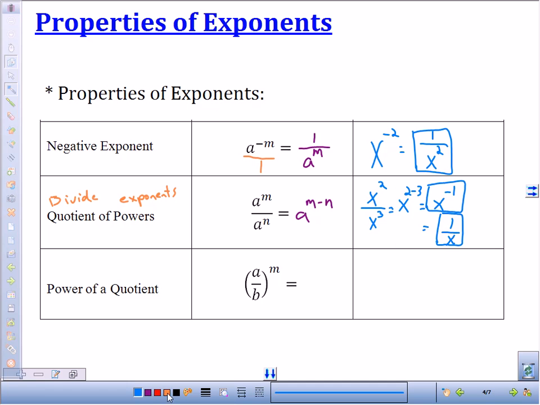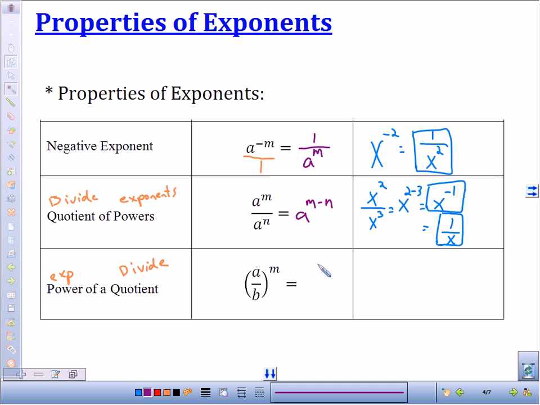All right, here we are. Power of a quotient. Of course, power is exponent, and quotient is divide. So if we're taking the power of a quotient, that means we're giving something that's being divided a power. In this case, I have a over b to the mth power.